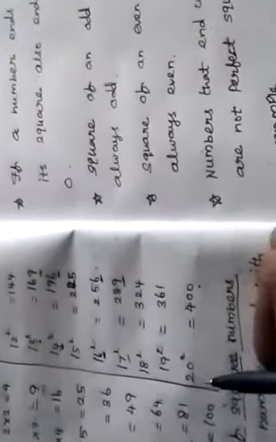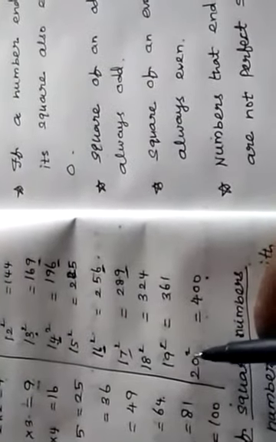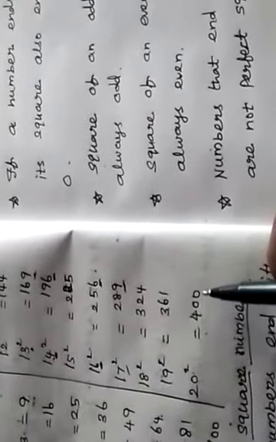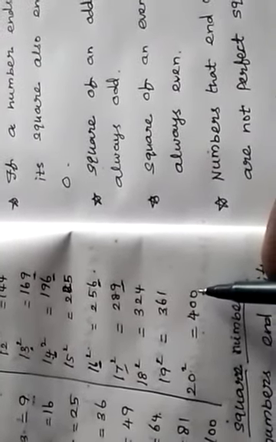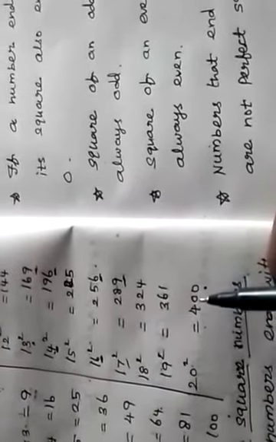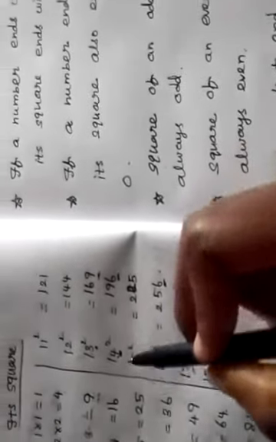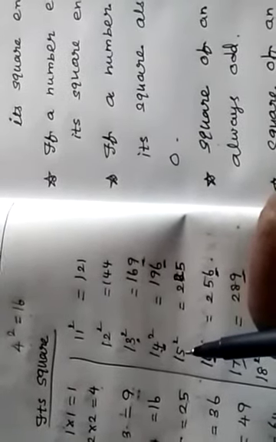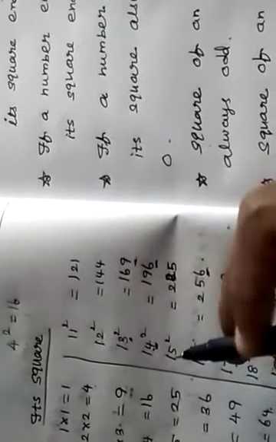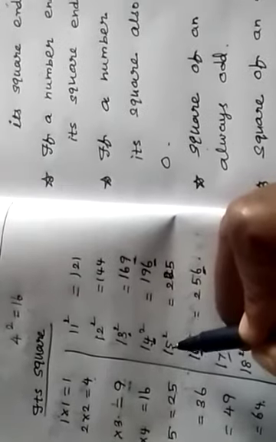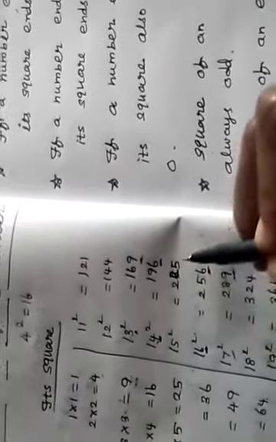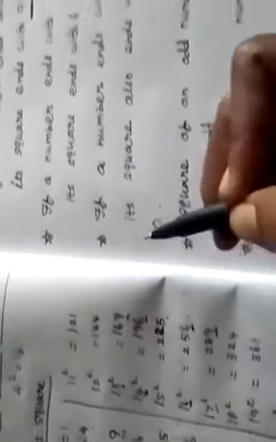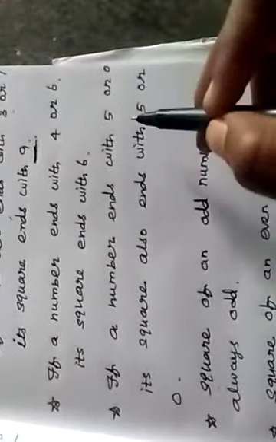For example, 20: its square 400 ends with 0 only. Take 15: its square ends with 5 only.